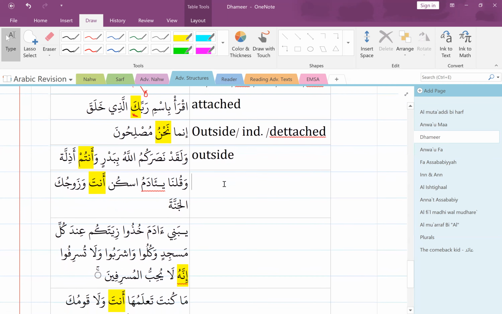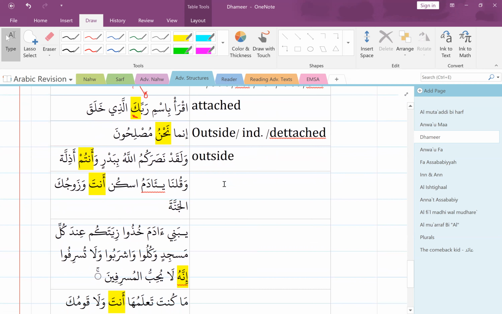Can you tell me why this would not be zamir shan? Because it's not huwa or hiya, right? Exactly. And also because it comes after a waw haliya. So you can most likely just treat it as a normal outside pronoun.